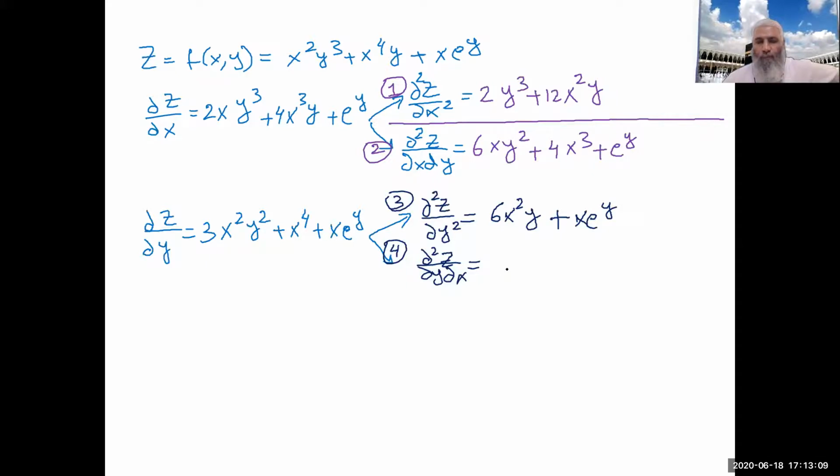Yes, okay. And the next one we have here, 6xy squared with respect to x, 6x. So 6xy squared plus 4x cubed.